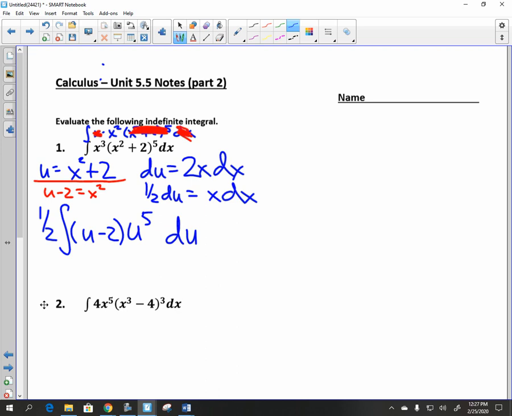So this integral, I have 1/2 integral of u to the 6th minus 2u to the 5th du.